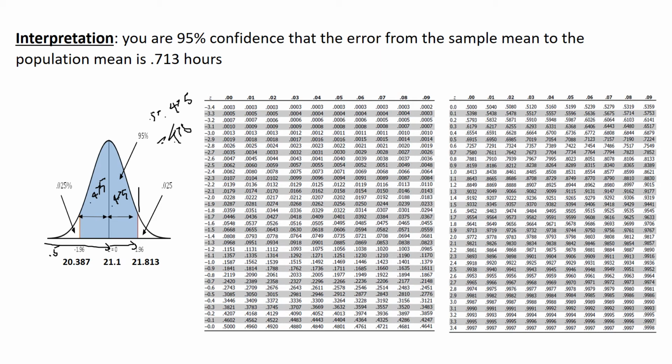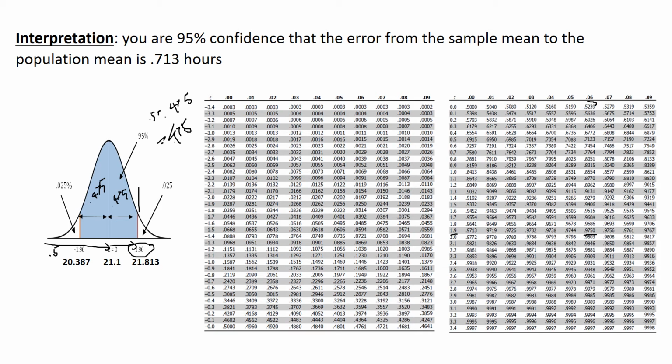And if I look at 0.975, 97.5% of the space under the curve, I find it right here. Here's 0.9750, which is 1.96, which is what I got before. So that's where I got the 1.96.